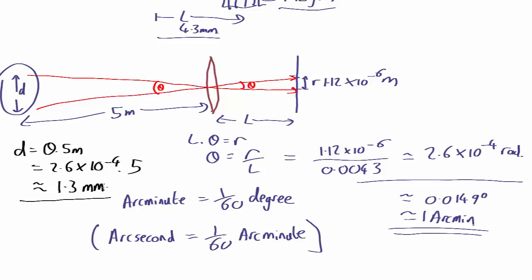So roughly speaking, you'd expect my camera to not be able to see across a room details much smaller than about a millimeter, because they'll all fall into the same pixel. That is our pixel limit in this case.